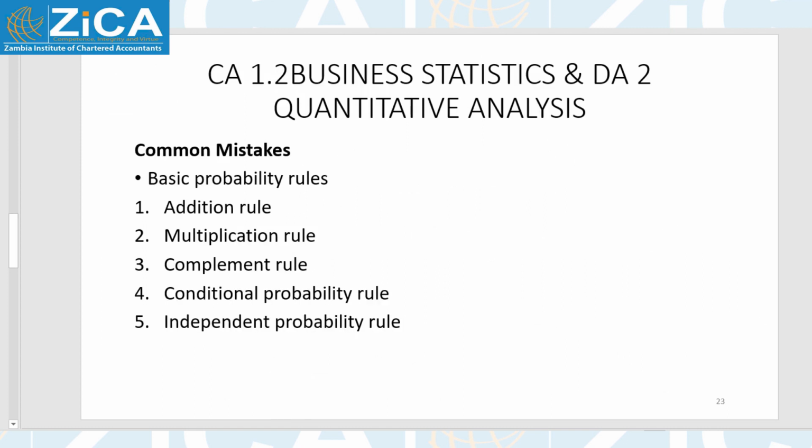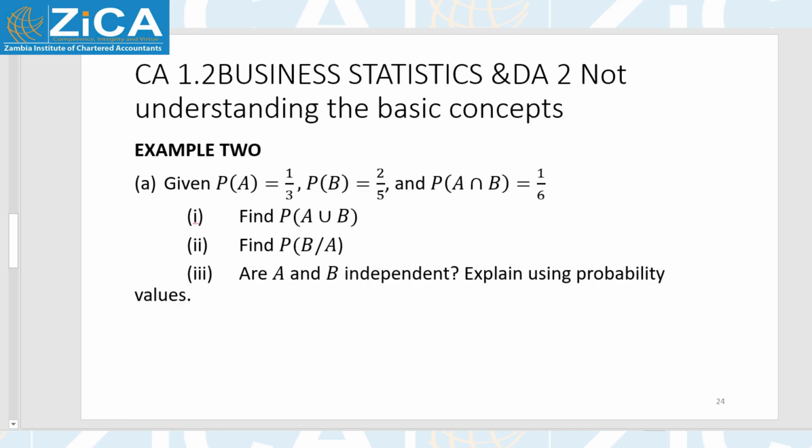Again, the common mistakes you make are in terms of basic probability rules: the addition rule, multiplication rule, complementary rule, conditional probability, and the independent probability rule. So again, I look at a question which will try at least to illustrate how you are able to use the addition rule.